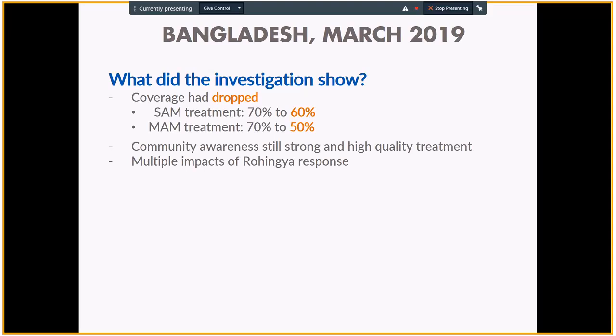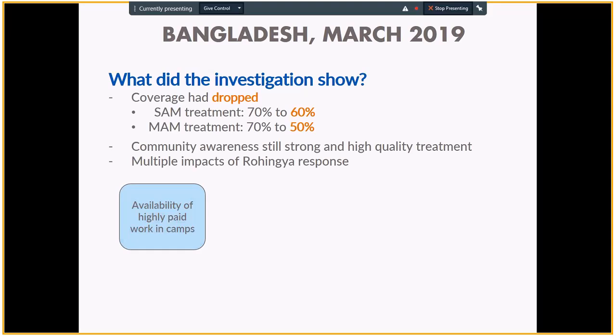And I was going to ask what you thought they were, but I actually showed you the first one by accident. One of the big impacts that came about was the availability of highly paid work in the camps. So, as I mentioned, the whole community outreach component of this program in the host communities is based on this army of CNVs, or this volunteer army.